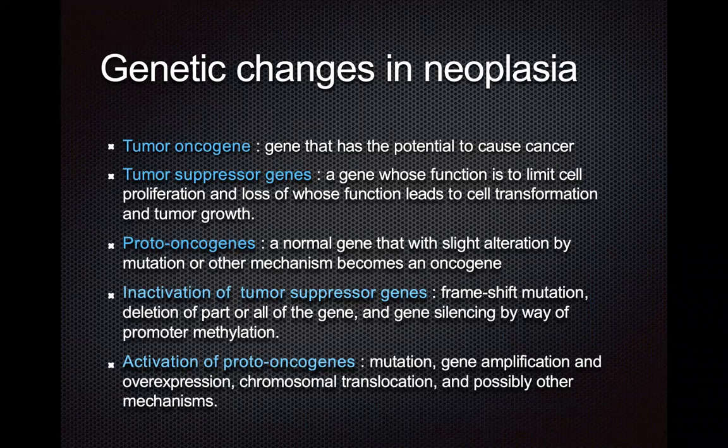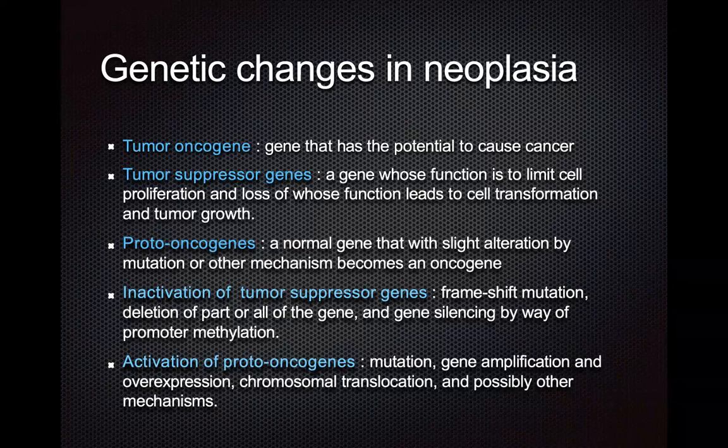So what is the inactivation of a tumor suppressor gene? Frameshift mutations, deletion of part or all of the gene, and gene silencing by way of promoter methylation. You may notice that mutations tend to contribute to making a cancer cell. Why so? Because DNA is the blueprint of the functions in our body, right?